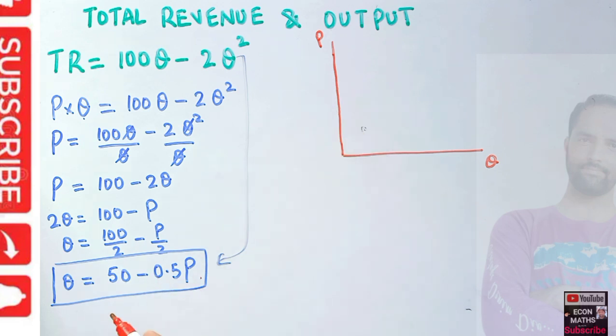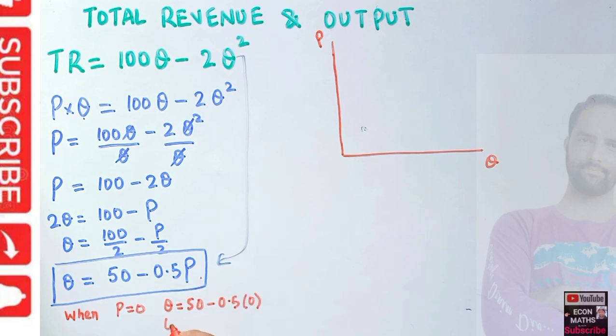To draw this demand function on the graph, we need only 2 points. Let us say when price P is equal to 0 in this demand function, our Q will be equal to 50 - 0.5 times 0.